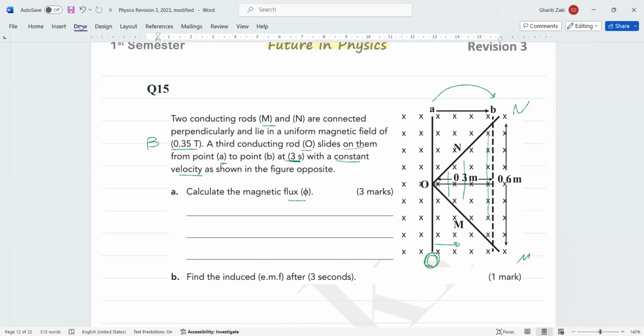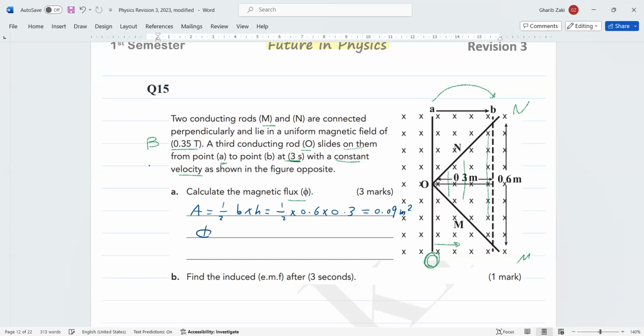It is the area of a triangle. So A equals half base times height. The base is 0.6 and the height is 0.3 from the figure. So it's a half multiplied by 0.6 multiplied by 0.3. The answer is 0.09 meter squared. This is the area.